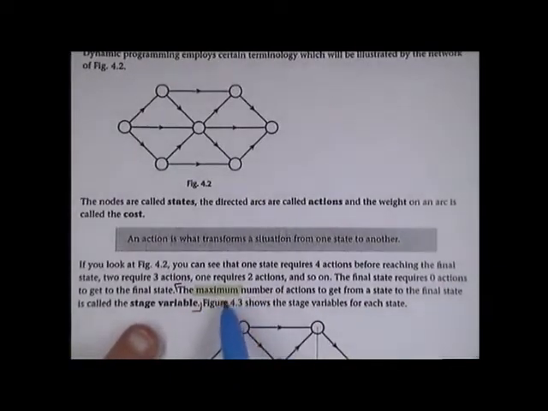Particularly that word maximum. If you could write that sentence down. The maximum number of actions to get from a state to the final state is called the stage variable. And it is the maximum. Because from that one at the beginning, you could go straight to the end in 2, but you look at the maximum number of actions that could get you there, and that's 4.